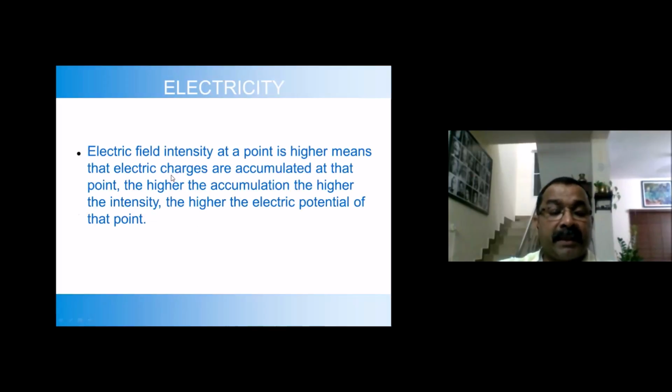So that is written here. Actually, an electric field intensity at a point is higher means that electrical charges are accumulated at that point, and the higher the accumulation, the higher the intensity, the higher the electrical potential of that point.